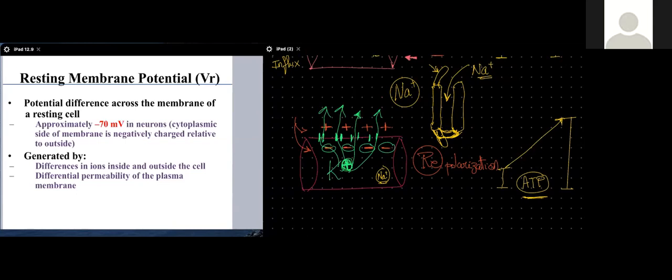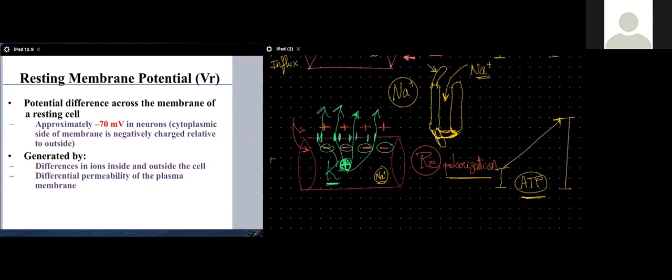So in order for me to get back to the polarized state, I will allow what ion to travel? Again, my potassium. All right. So the efflux of potassium to the outside of the cell is the one that's going to be responsible for you to regain your polarized state.